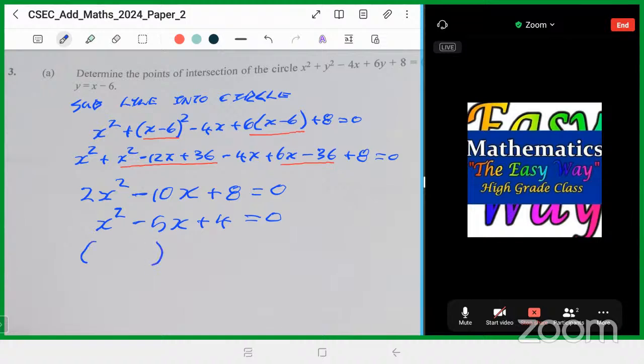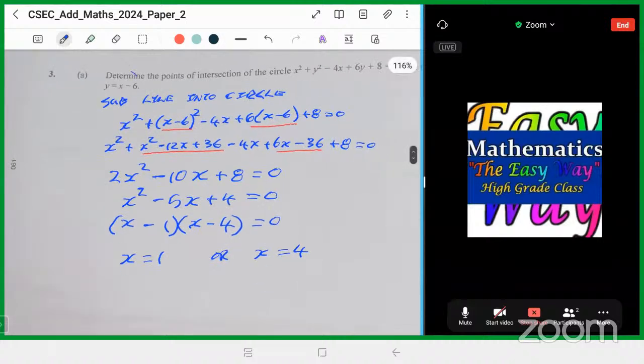So that is it. So it's x and 1 and 4. This says the two signs are the same. This says they are both negative. Minus, minus. So x equals 1 or x equals 4. I'm going to substitute them in the line equation.